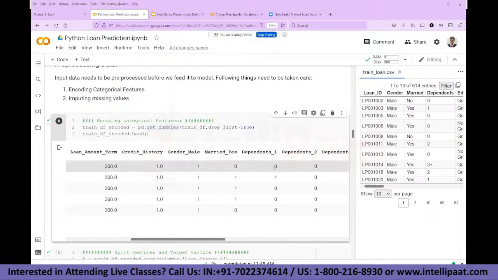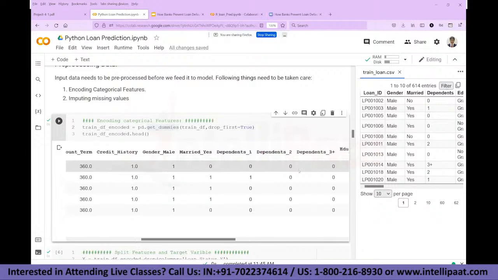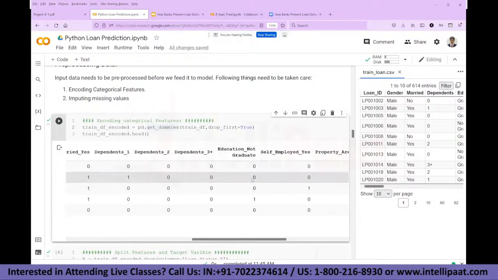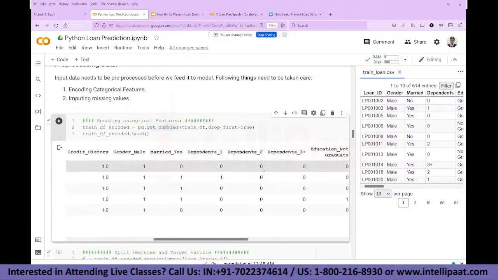Similarly dependents 1, no; dependents 2, no; dependents 3 plus, no. That means there's no dependent for this particular loan applicant ID. I've just divided this into 3 different columns. get_dummies creates these columns automatically; you don't have to do it manually.